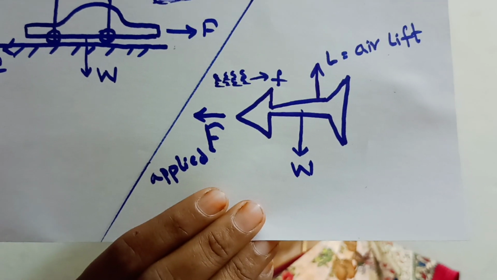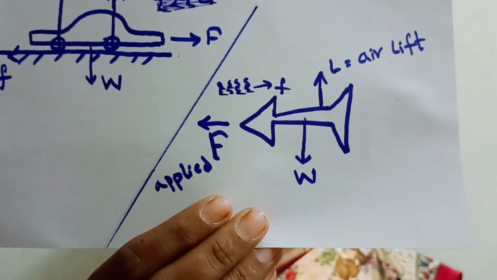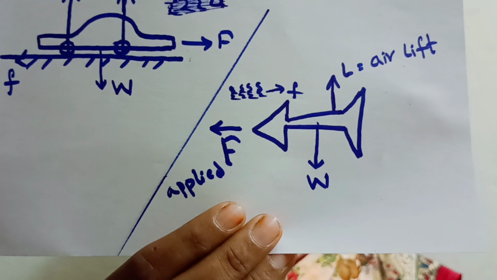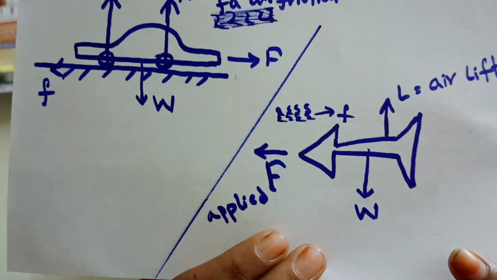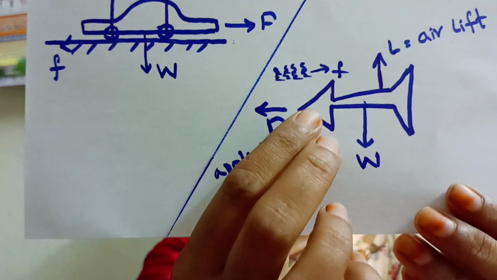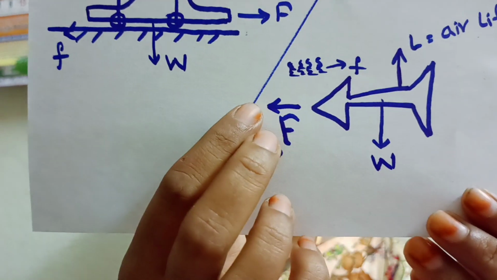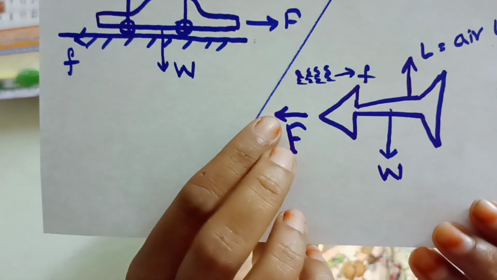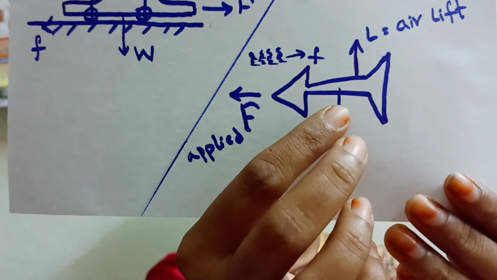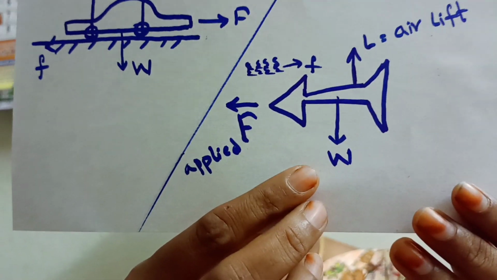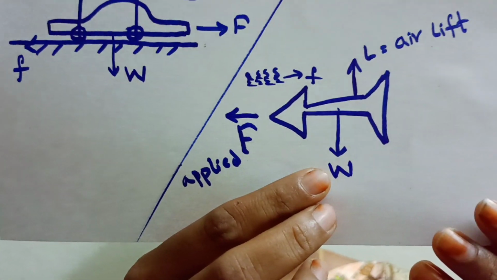Here we show all the forces acting on it. First one, in the right direction, is the applied force, capital F. In the downward direction, we observe the gravitational force.